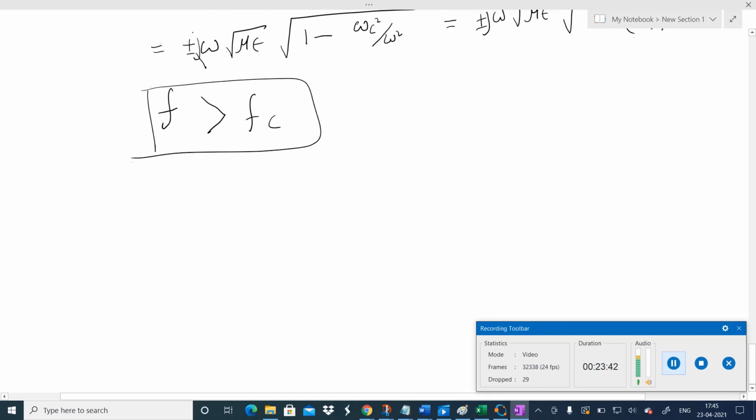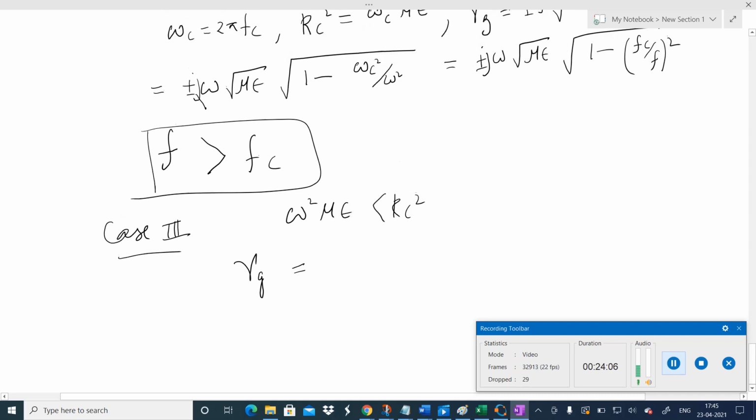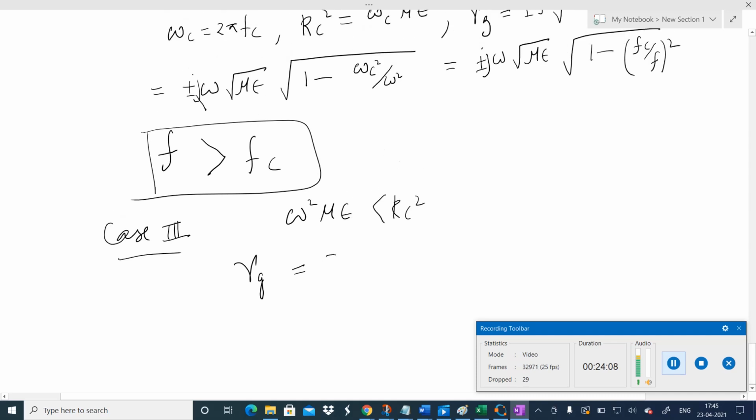Okay, similarly there will be case 3. What if omega square mu epsilon, which we assumed till now should be greater than kc square, is less than kc square? Then you see what will happen. Your gamma g, if we use the same equation, will be plus minus j omega under root of mu epsilon under root of 1 minus fc by f whole square.